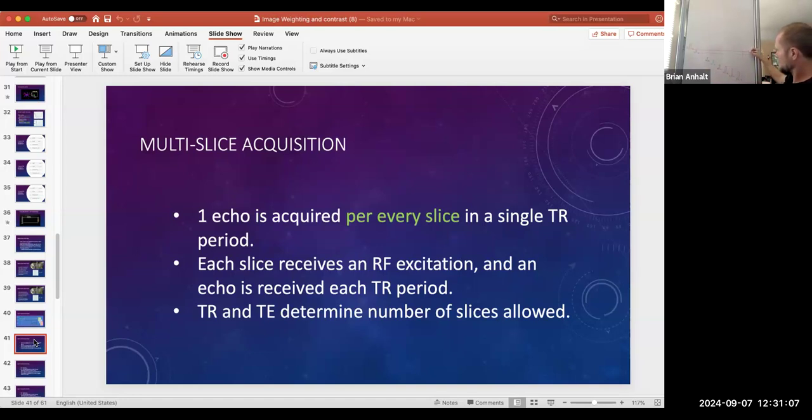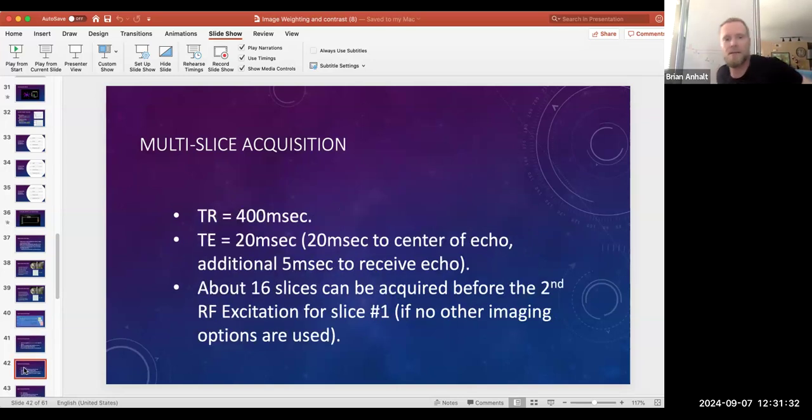Lengthen the TR. Yep, increase my TR. Now I can fit a 10th slice in there, right? What if because the contrast being T1, I had to decrease my TR? Less slices. Yeah, I get less slices available, right? So you can start to see how this has an effect on us.